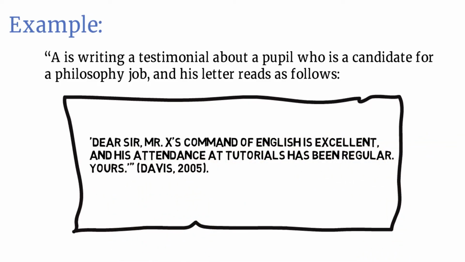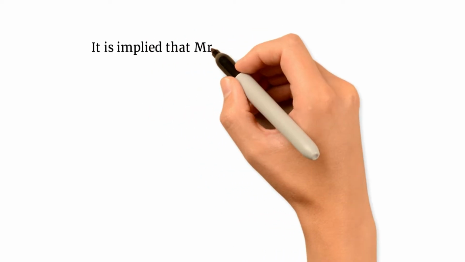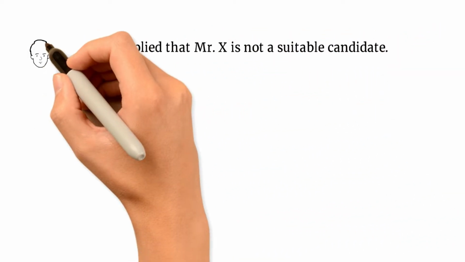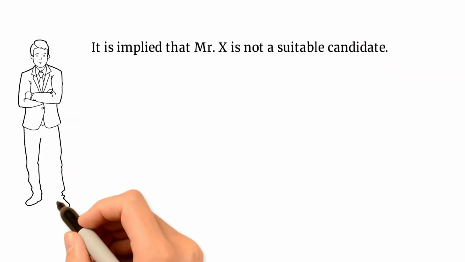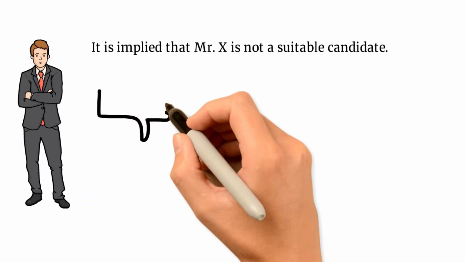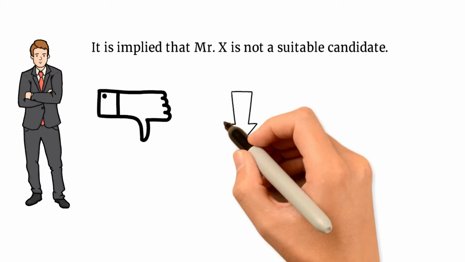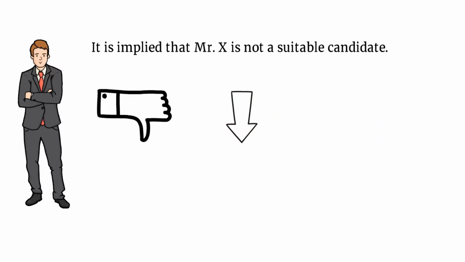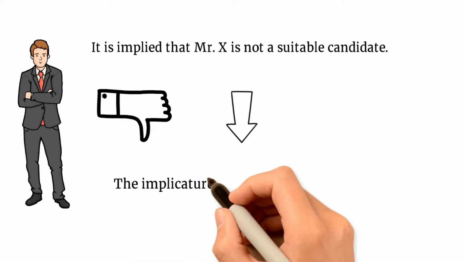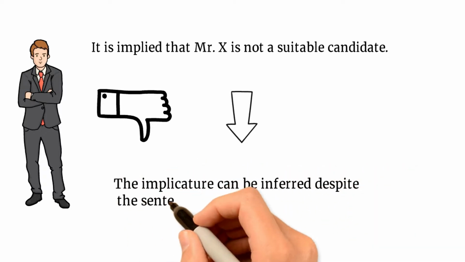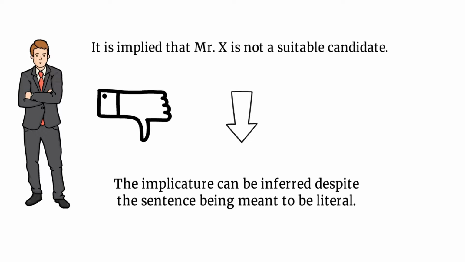Because A is not describing Mr. X's qualities that are related to a philosophy job, it is implied that Mr. X is not a suitable candidate. Therefore, Mr. X lacks the necessary skill for the job, and A does not intend to say something that is false or untrue. By saying or writing something different than what is intended, we can see that the implicature can be inferred despite the sentence being meant to be literal.